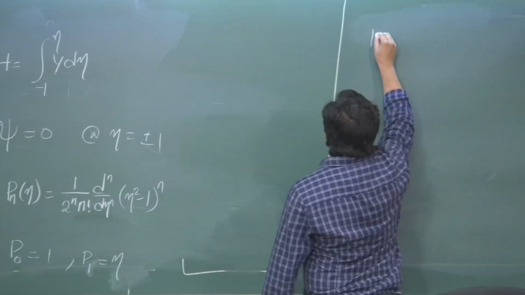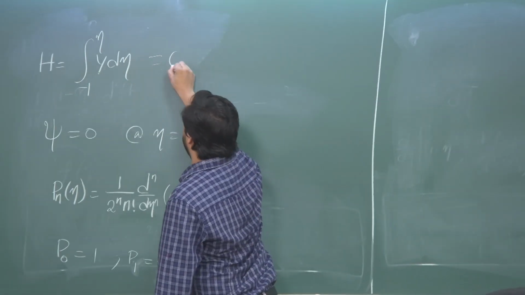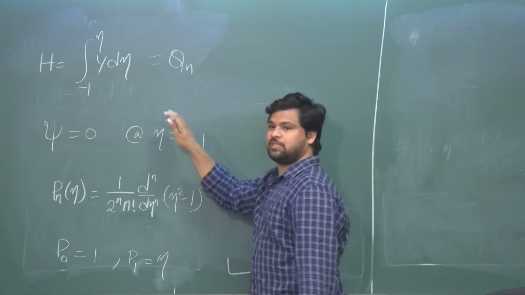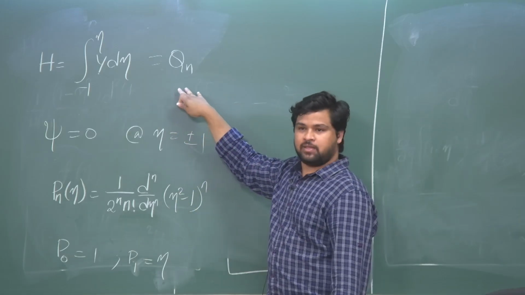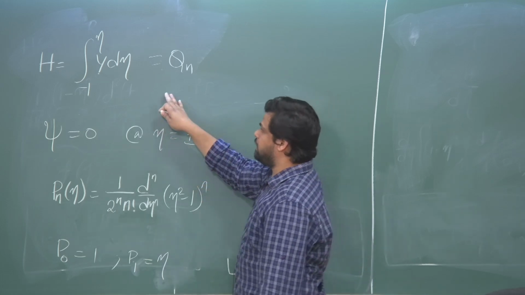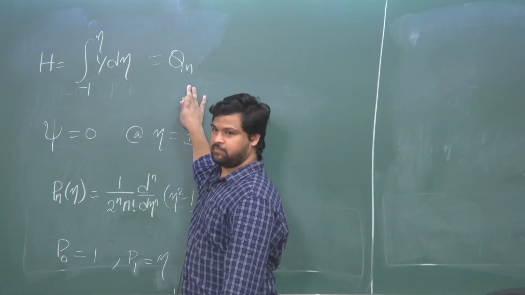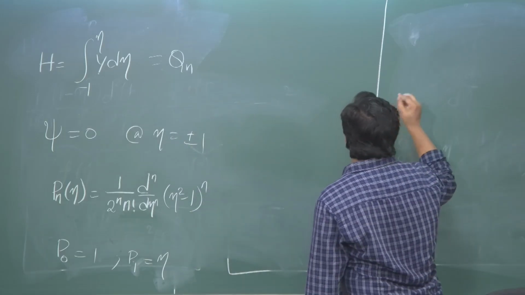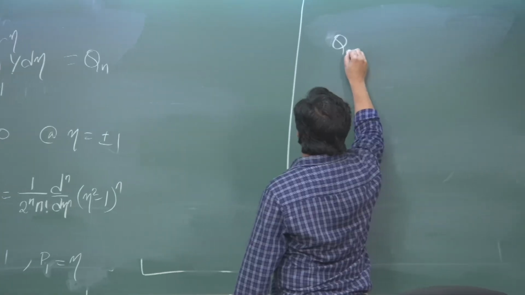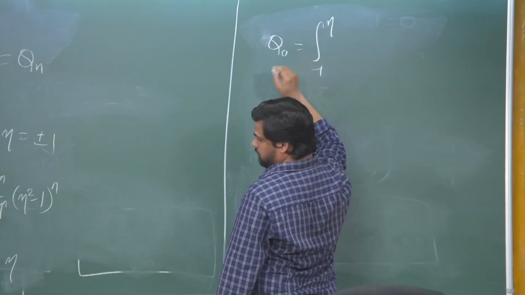So, using this definition, I am calculating my h. I am calling this Qn because this is aligned with your reference book, Gary Lee. In Gary Lee, they represent this entire integral with Qn. Now my Q0 is nothing but the integral from -1 to eta.